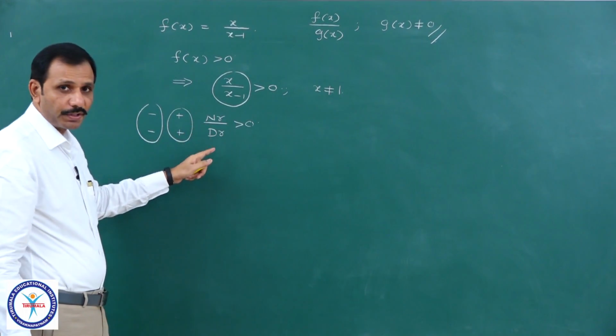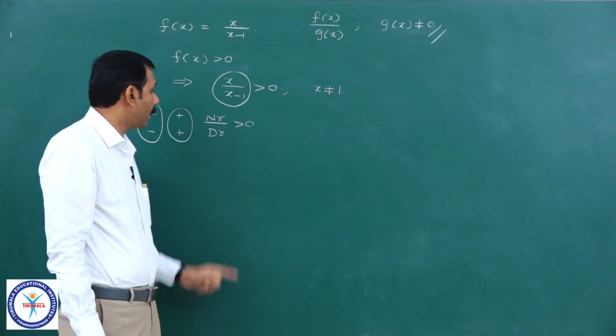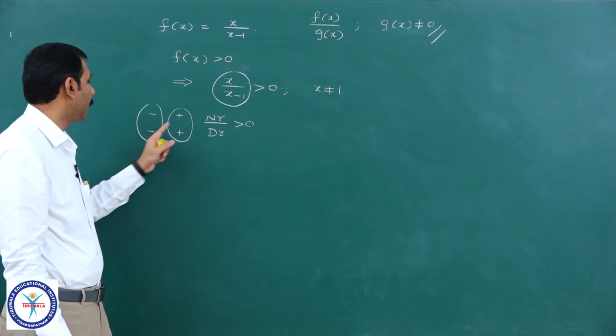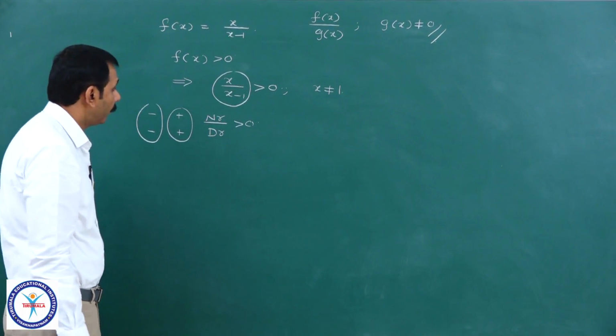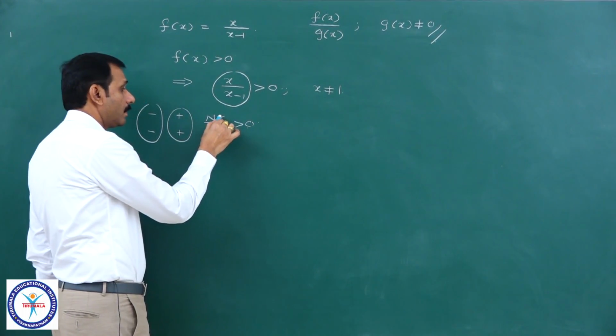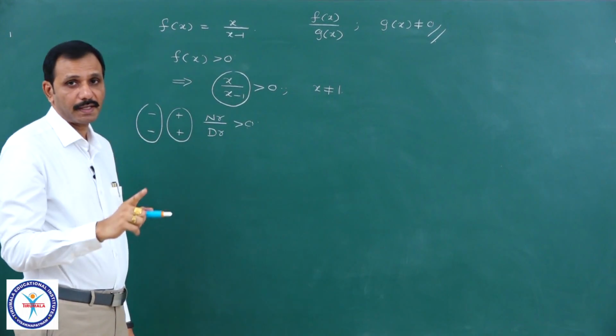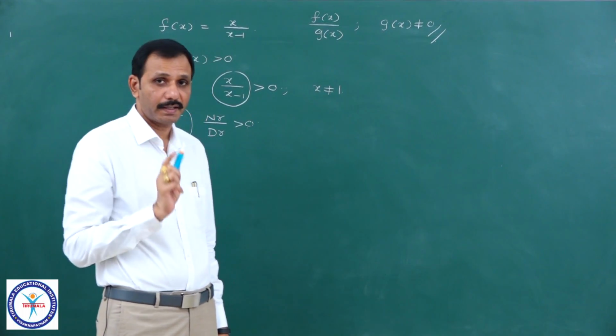Either numerator positive and denominator positive, so numerator by denominator is positive, or numerator negative and denominator negative, so numerator by denominator is again positive only. Therefore, to get numerator by denominator greater than 0, both must have the same sign. Either both are positive or both are negative.